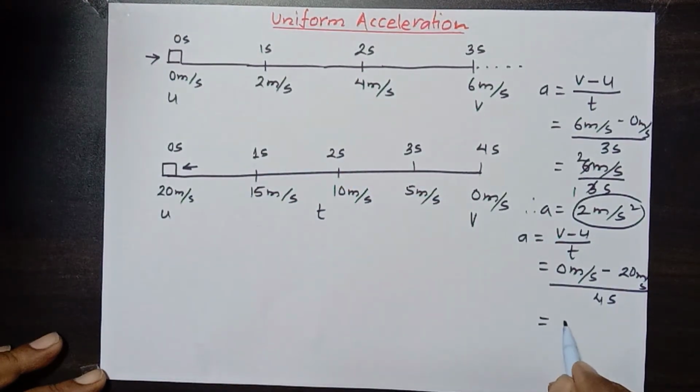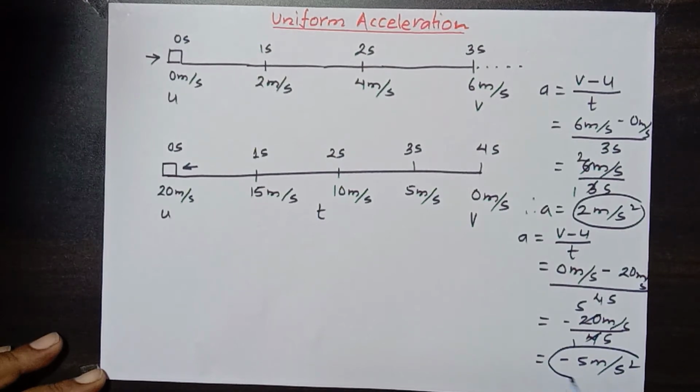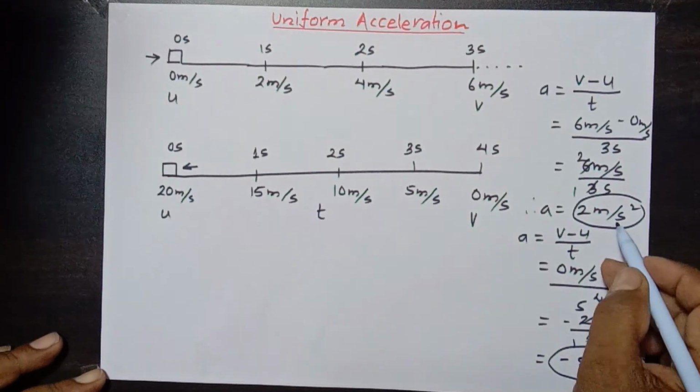Now this is equal to minus 20 meter per second upon 4 second, and 4 1s are 4, 4 5s are 20. That's why its acceleration is minus 5 meter per second square. This is the calculation of acceleration. It came negative, it came positive, whatever it is.